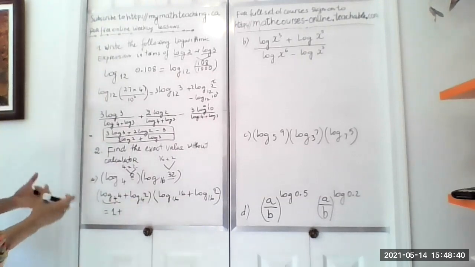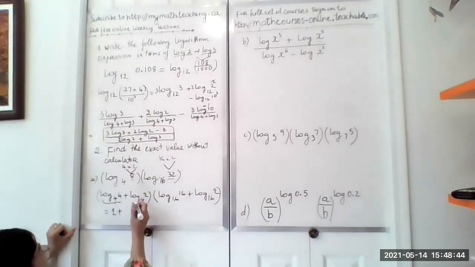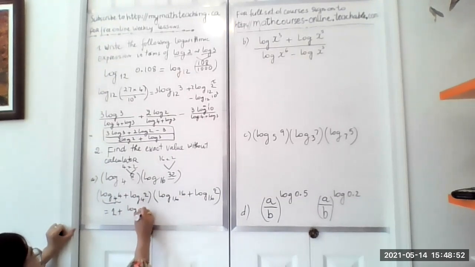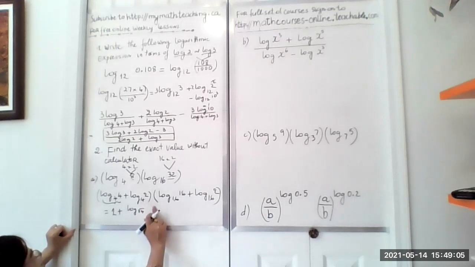And log 4 of 2, we can change this by taking the square root. The square root of 4, so it becomes 2 if we take the square root. But if we take the square root of this number, we have to take the square root of this number as well, right? And instead of writing it like this, we can write it as 2 to the power 1/2.